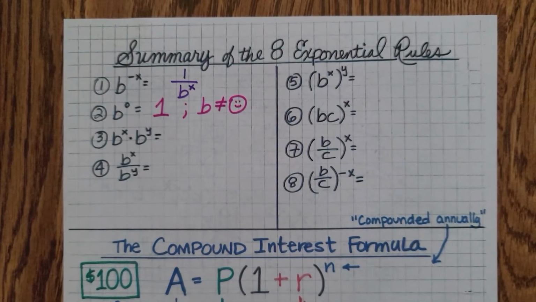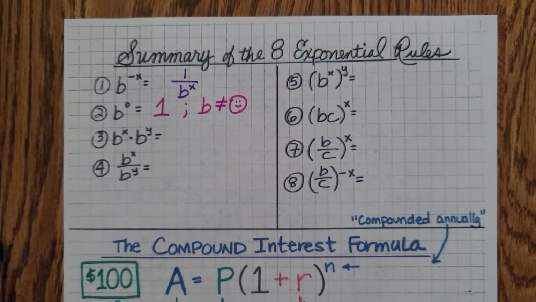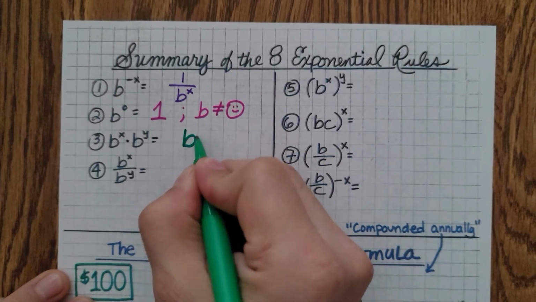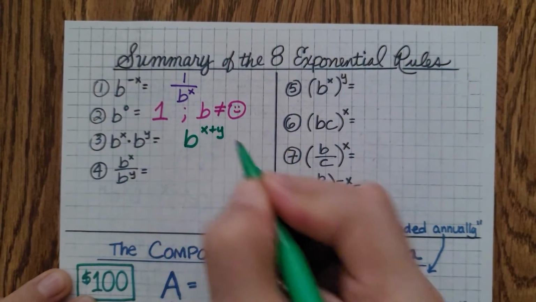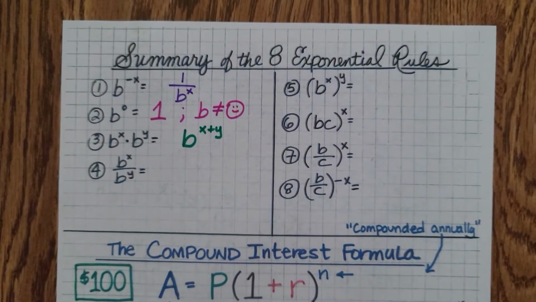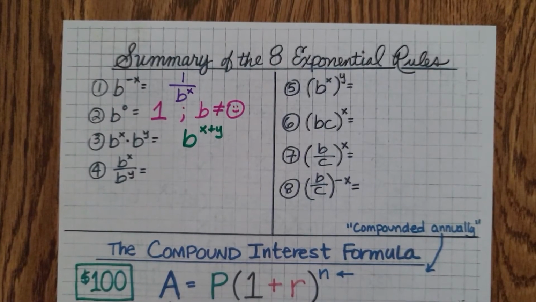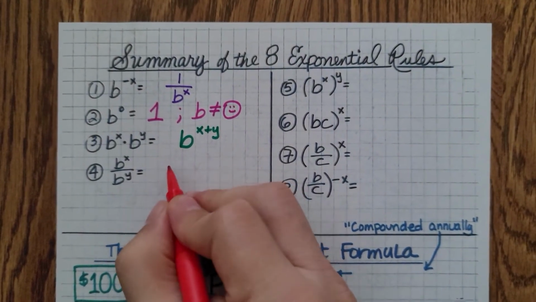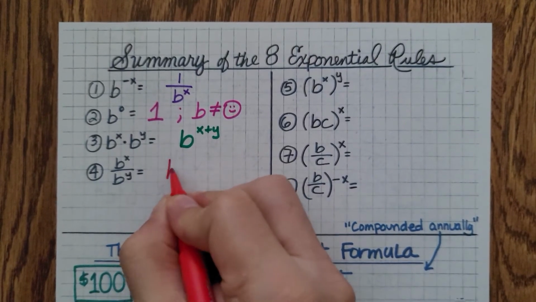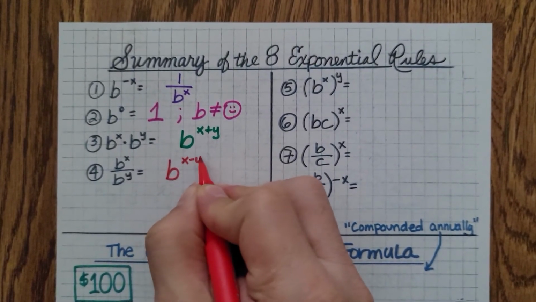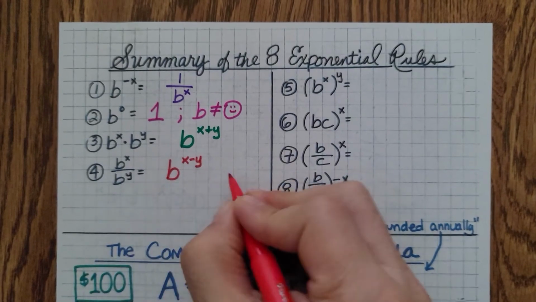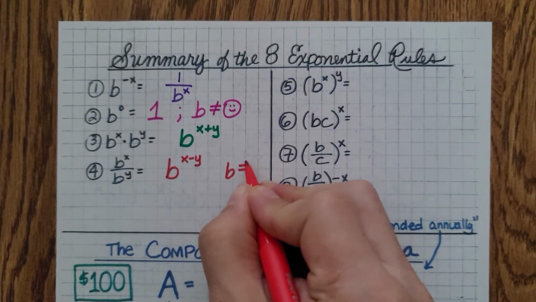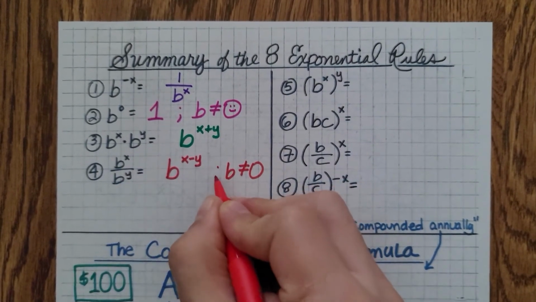B to the x times b to the y is equal to b to the x plus y power. B to the x divided by b to the y is equal to b to the x minus y power. Again, as long as b is not equal to 0, because you can never have a 0 on the bottom.